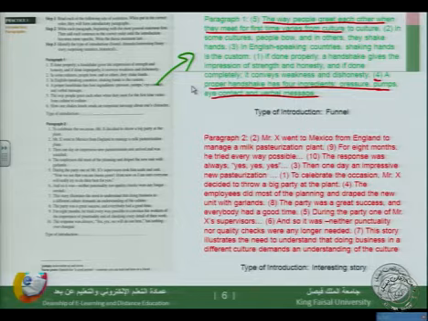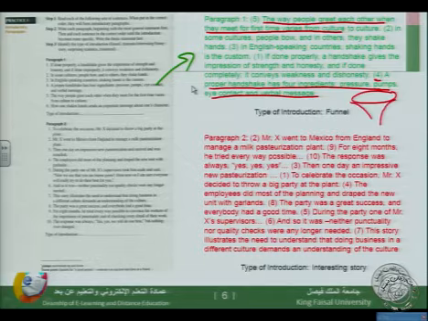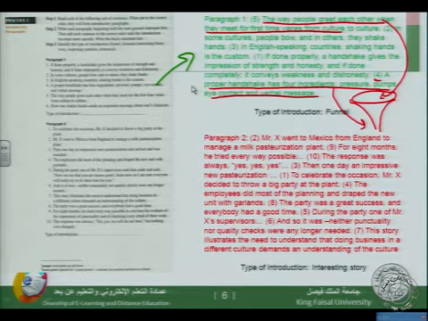This is the thesis statement. As you can see, it's just like a funnel. Do you know what a funnel is? It looks like this one. This is a funnel. Here it was mentioned in general, and then the idea narrows until it becomes specific here. Okay, this is the funnel.